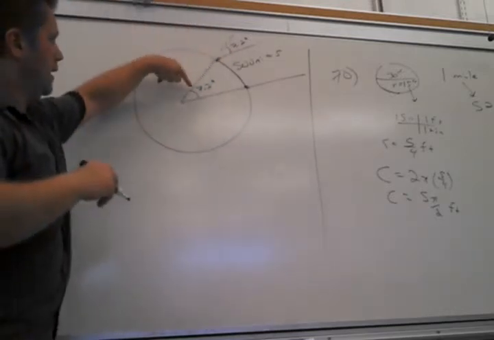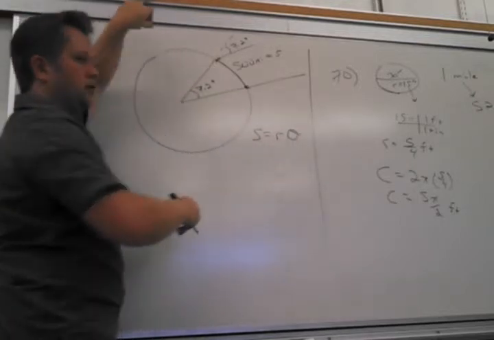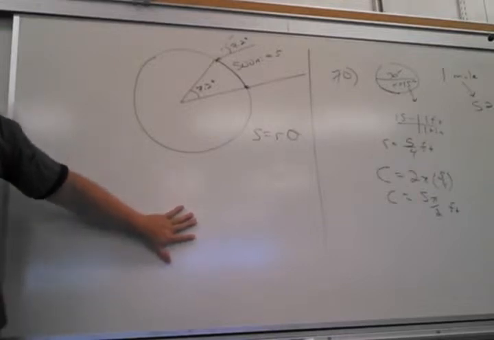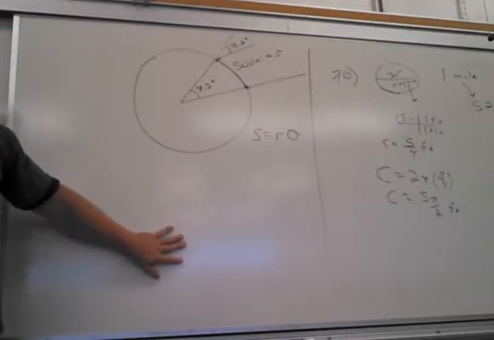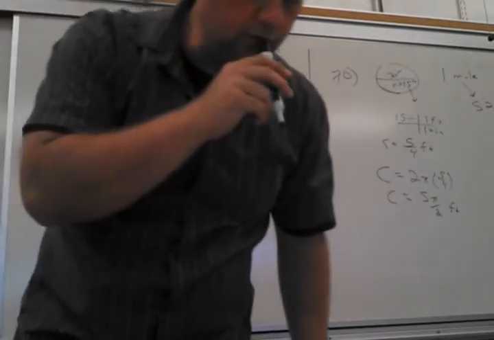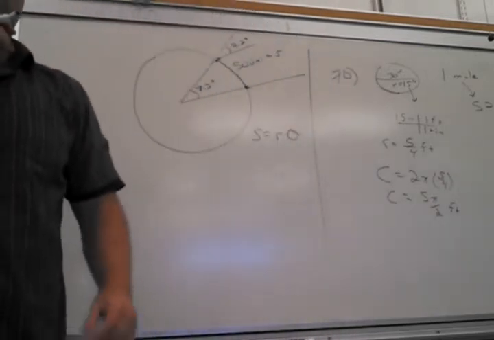So once you work that in there, you know that S is r theta, and then you just plug it in. So now you can figure out what the radius is in miles. Once you know the radius, you can answer the next 2 questions, the radius and the circumference. Is that cool?